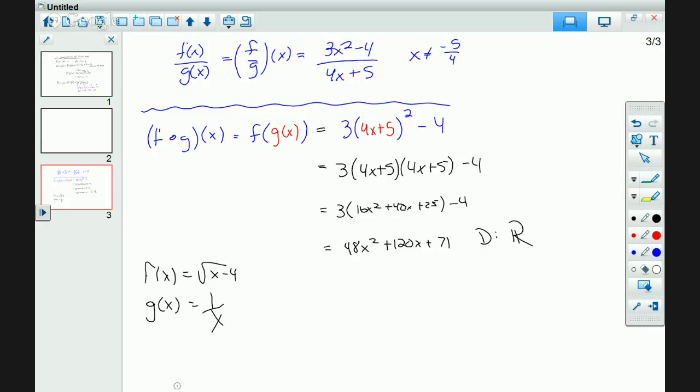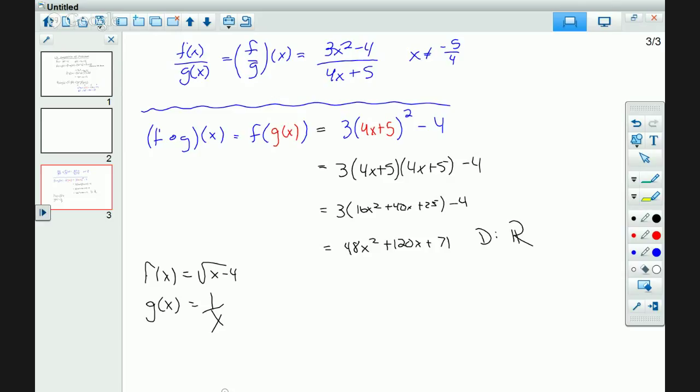You can see that both of these have different domain restrictions, right? This cannot be 0, right? What can that one not be? Less than 4. Yes, less than 4, because that would make a negative, correct? Now, if we combine them, it's going to mess things up a little bit.